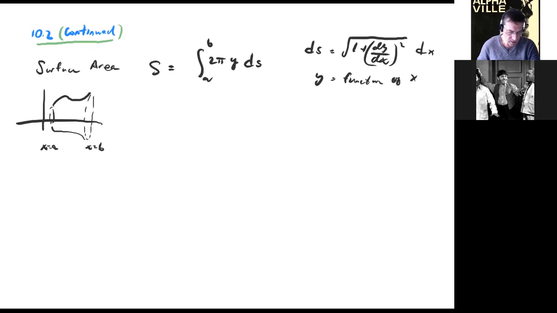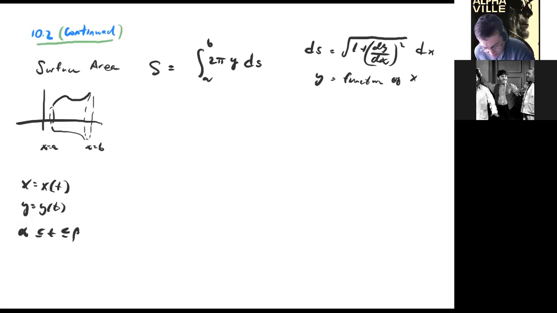Okay, so we can just take what we just got and replace x and y by their values in terms of x of t and y of t, and let's say t is going between two numbers, alpha to beta. So now let's do the substitution. The only thing we have to do is rewrite ds.